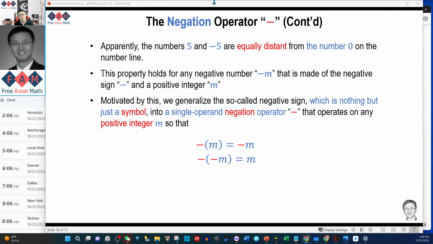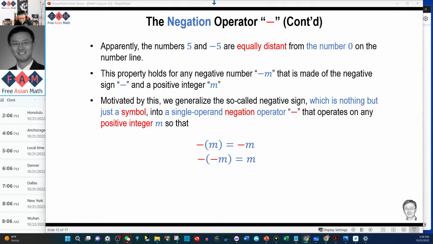It's not something that's brilliantly proven. This is just the definition, which actually makes sense because they are just mirror images of each other. So this negation, you just think about it like a mirror. And that's exactly why we can define it this way.